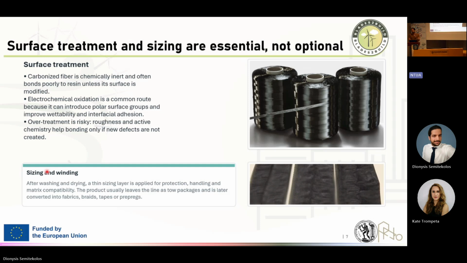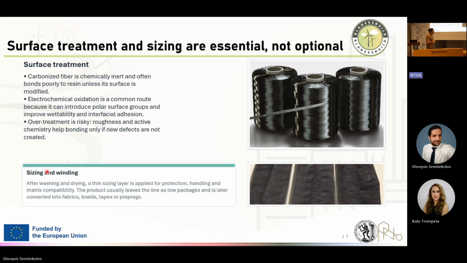Because imagine that a carbon fiber tow can have from 3,000 monofilaments up to 50,000 monofilaments. Each fiber is 7 microns in diameter. It's very thin, very tiny.